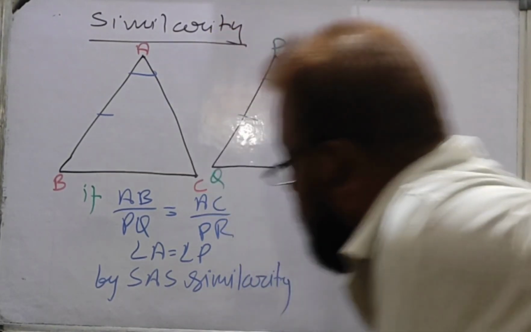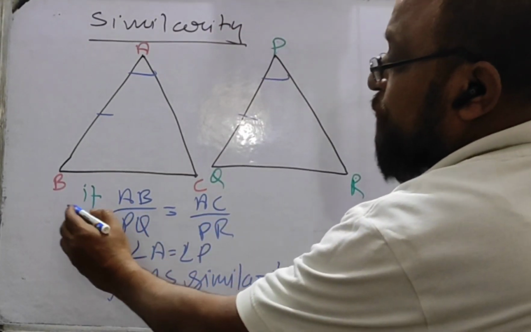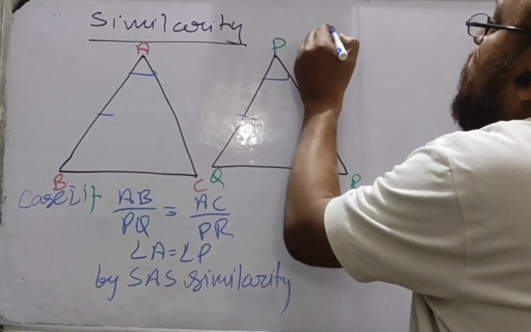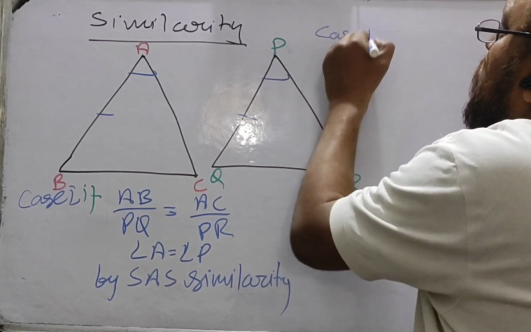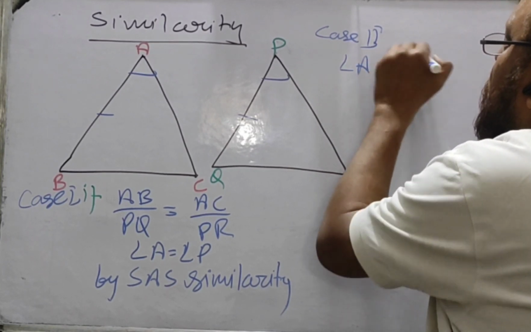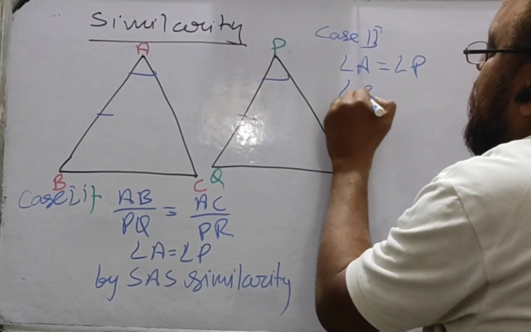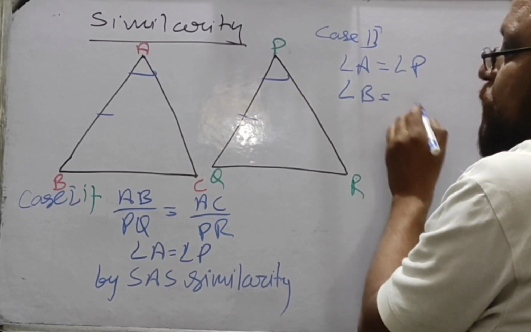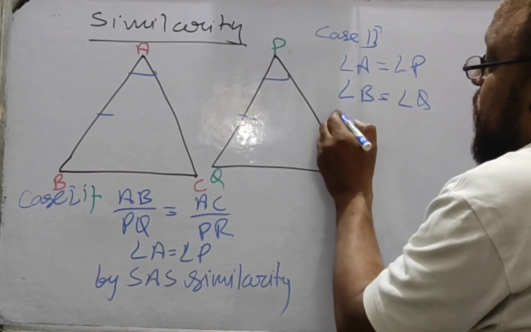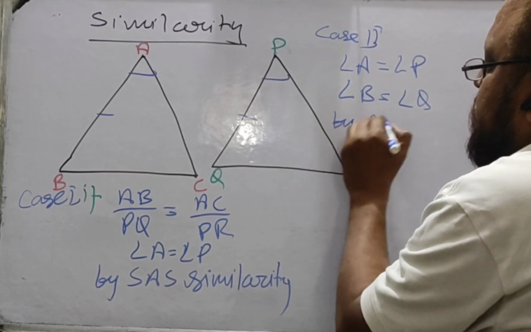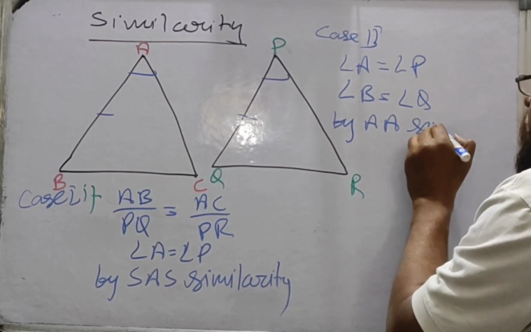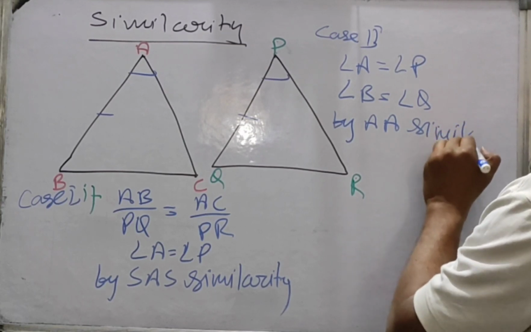This is case one. In case two, if angle A is equal to angle P and angle B is equal to angle Q, then by AA similarity, triangles are similar.